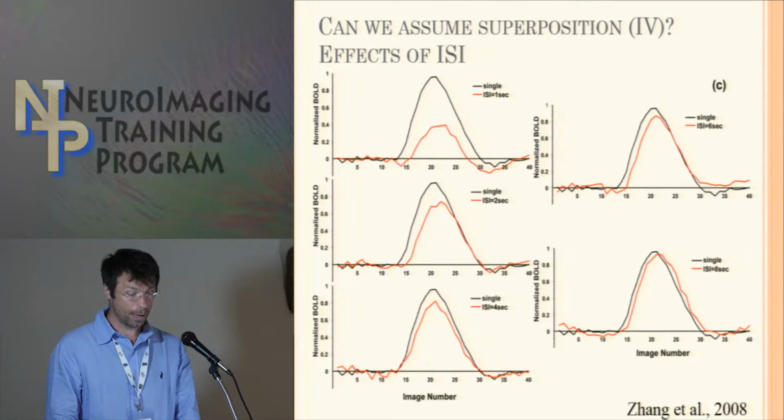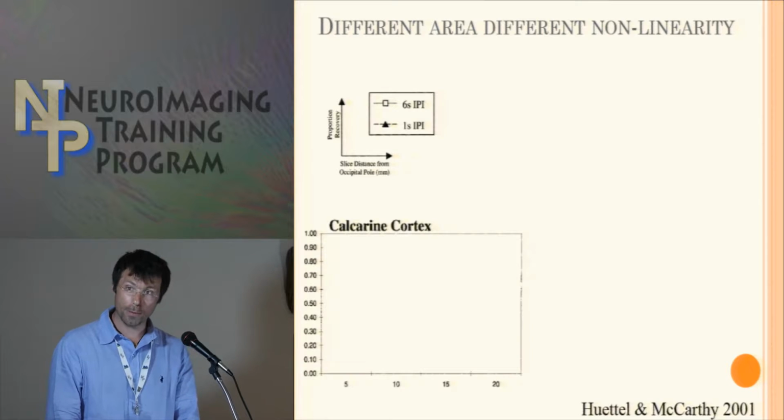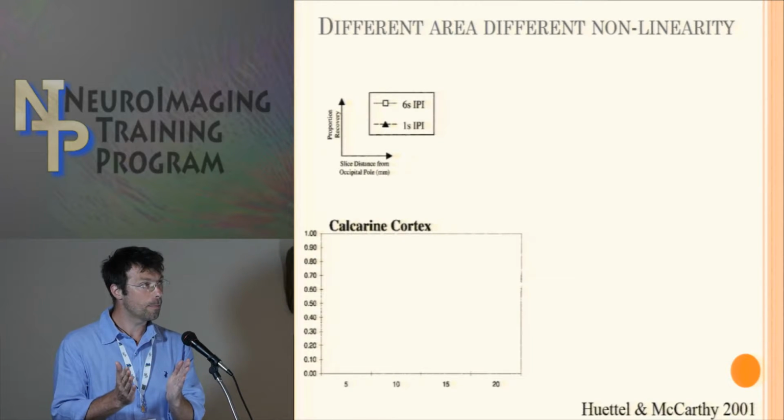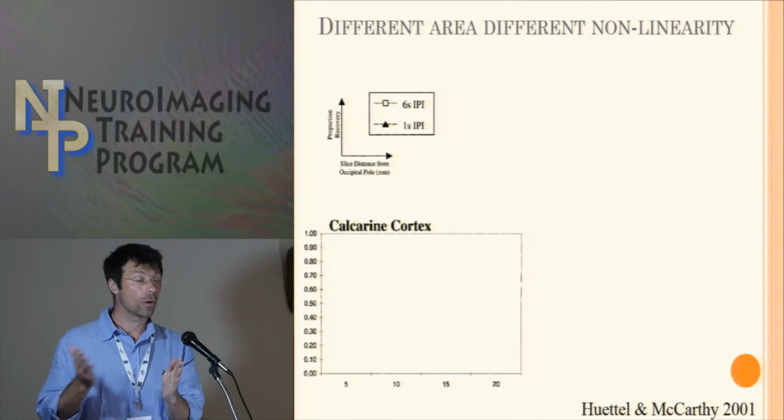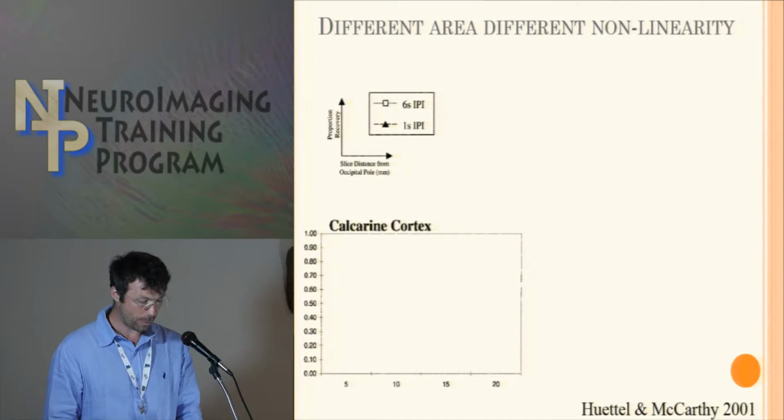Now 4 seconds later. Now 2 seconds later. Now 1 second later. You can see it's very nonlinear, the way in which it decreases. So this is the way in which this problem creeps up in your experimental design and diminishes the effect that you are seeing. And you'd think that this is the same across the brain.